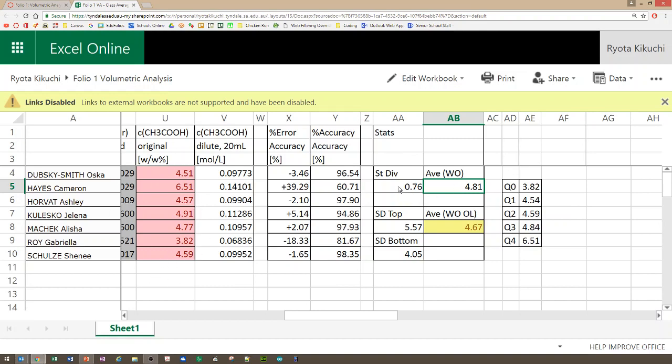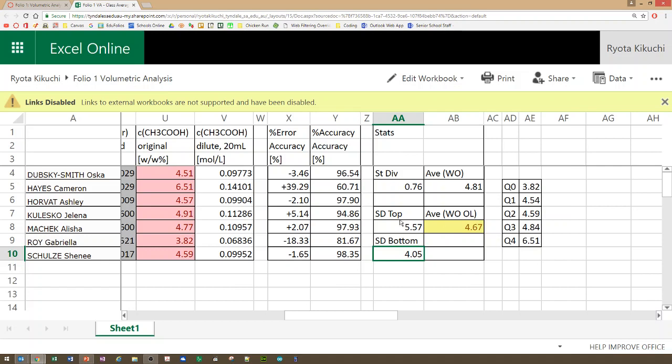And if I did a standard deviation of it, 0.76, plus minus 2, this 4.81 is the accepted range of values. So the standard deviation top is 5.57% and bottom is 4.05. So anything that's outside of this range is considered to be an outlier.